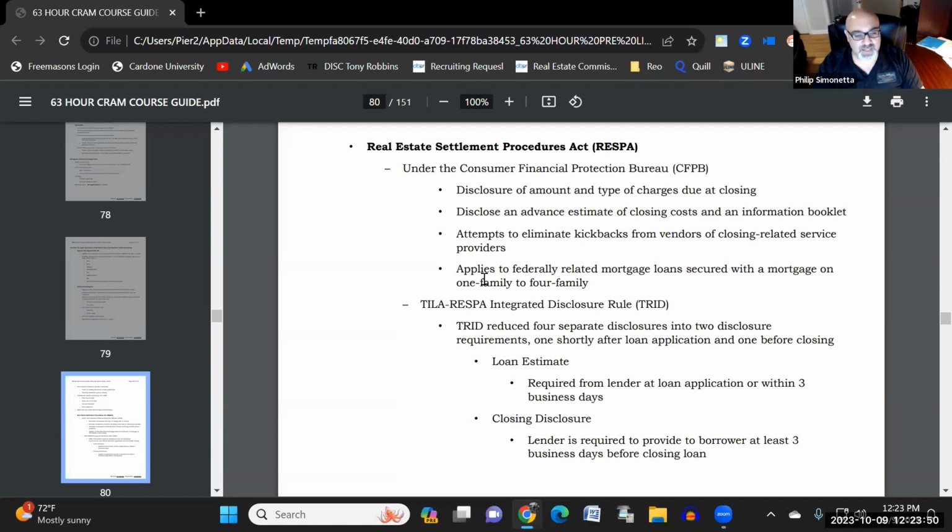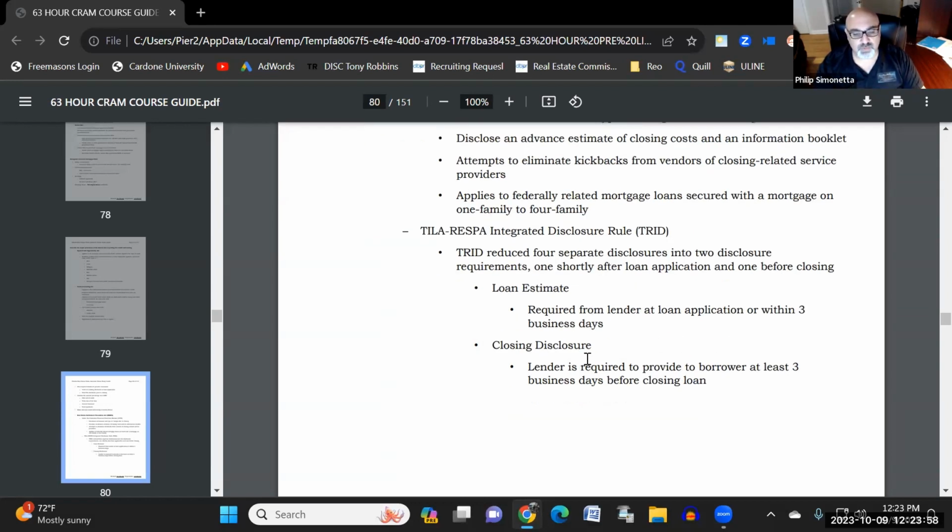Okay, the Truth in Lending Act and RESPA integrated disclosure rule, TRID, right? This is the new rule where they combined it and they shortened the forms. So TRID reduced the 4 separate disclosures into 2 disclosure requirements. One shortly after the loan application and one before closing. So now when you apply for a loan, you get a loan estimate.